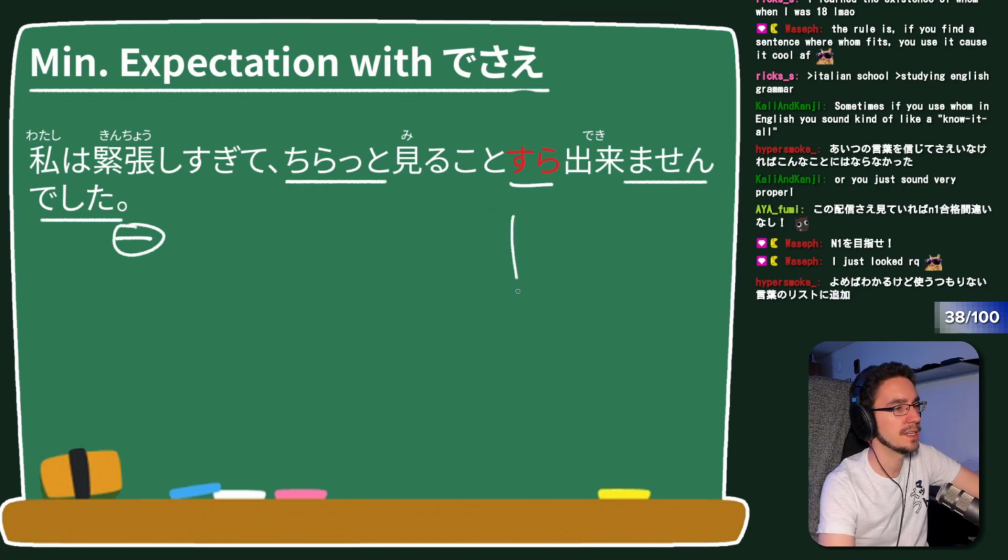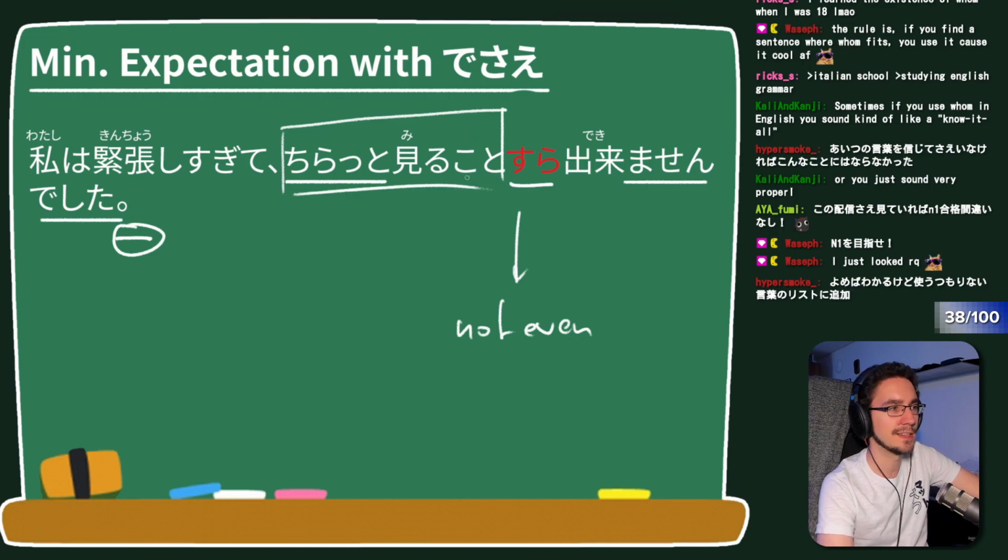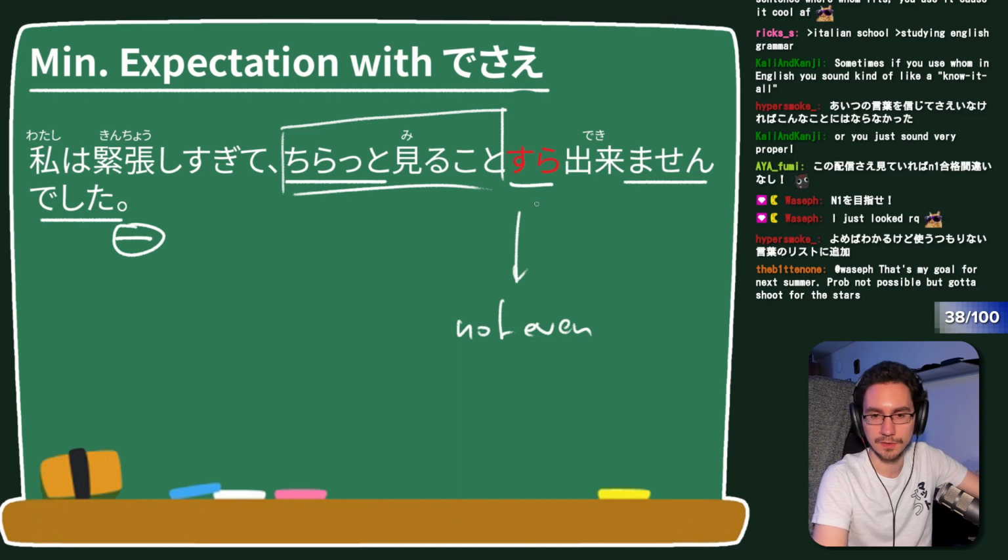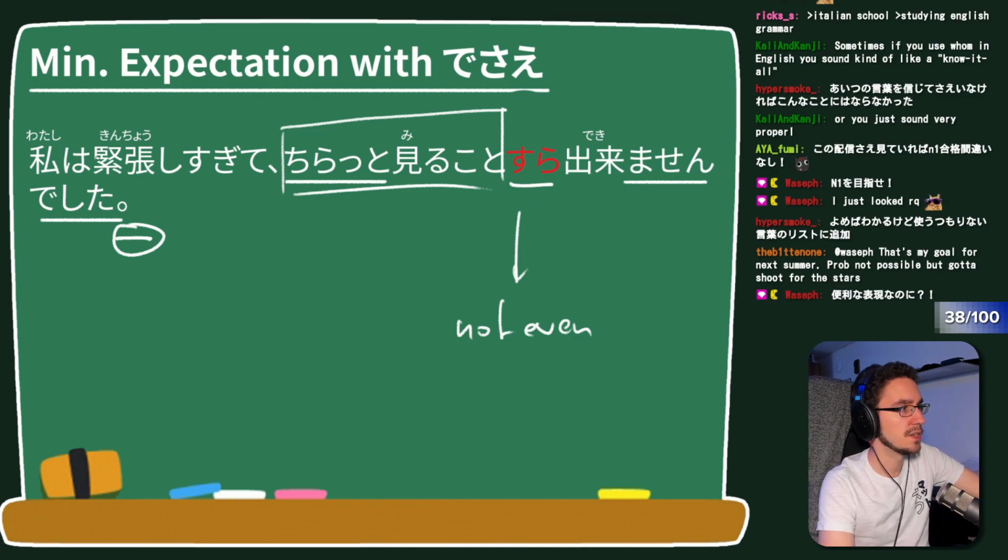Generally with negatives, this whole thing will turn into a not even that, like not even the minimum thing. Which is ちらっと見ること, just a glance, and then I couldn't even throw a glance at someone, right? 私は緊張しすぎて、ちらっと見ることすらできませんでした. I was so nervous, I couldn't even glance at her or whatever, at them.